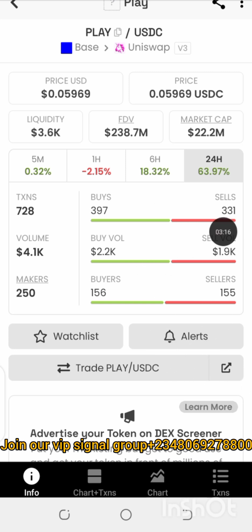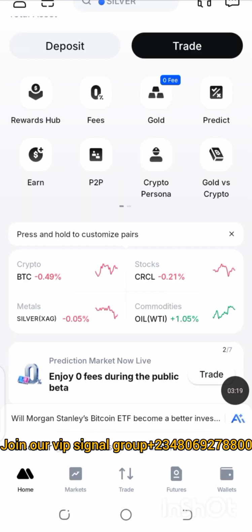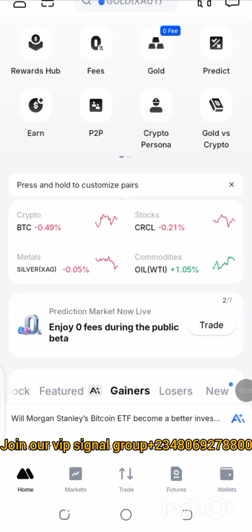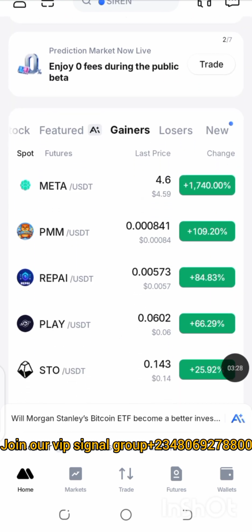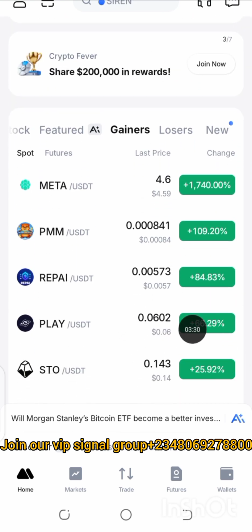Now let's go to MEXC and look for this particular coin. You can see people are buying and selling this one. Once you are in MEXC, you don't need to look for the coin. What you need to do is come over to Gainers or New. Any of them. You can see over here, this is that particular coin, Play.